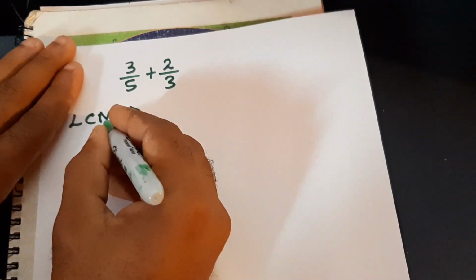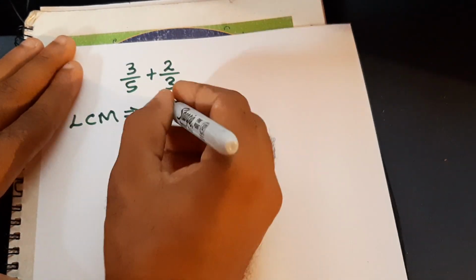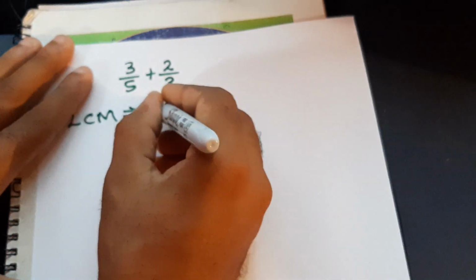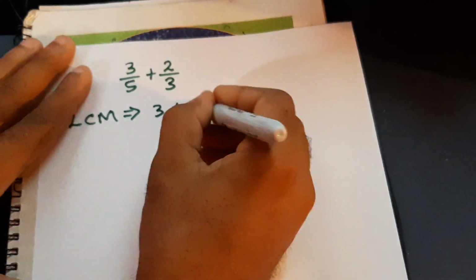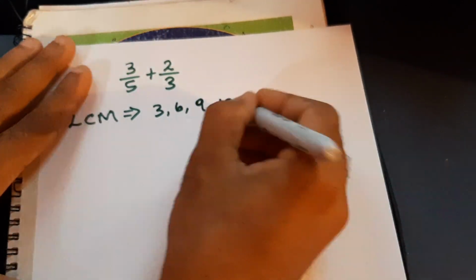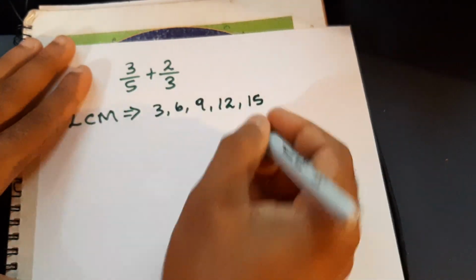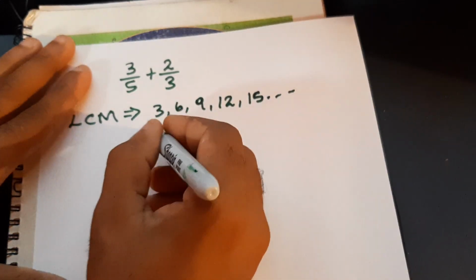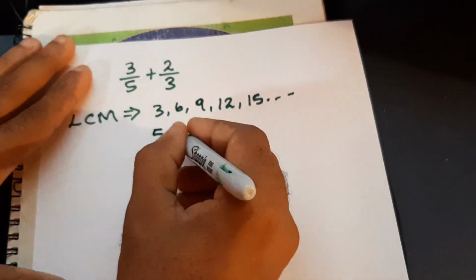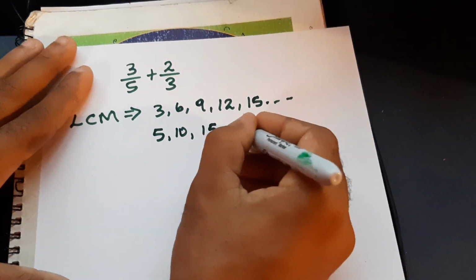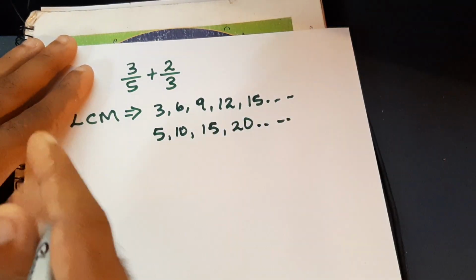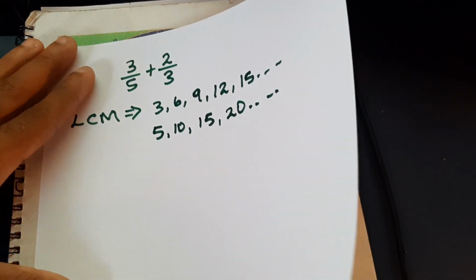So the first thing we're going to do is to find the multiples for 3 and 5. So multiples of, let's say, 3. Multiples of 3, we have 3, then 6, then 9, then 12, then 15, and I'm going to stop there. Remember, we have more. So multiples of 5 now. We have 5, 10, 15, 20, and we can go on with some more multiples, but I'm just going to stop there.